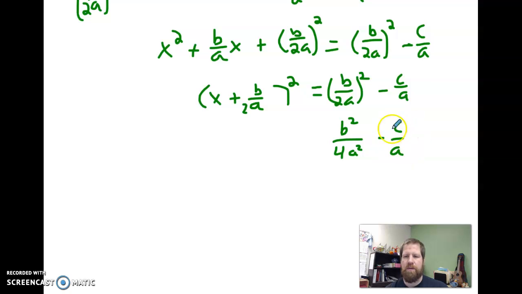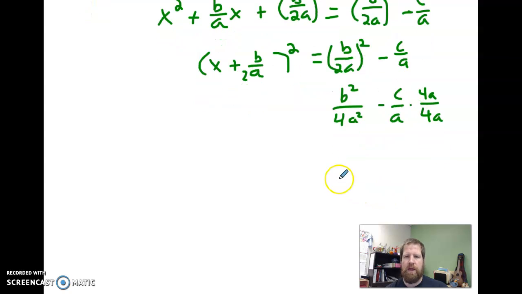So what do I have to multiply this by to make the denominator 4a squared? Well, I have to multiply it by 4a over 4a. Okay, and that'll get me b squared over 4a squared minus 4ac over 4a squared.